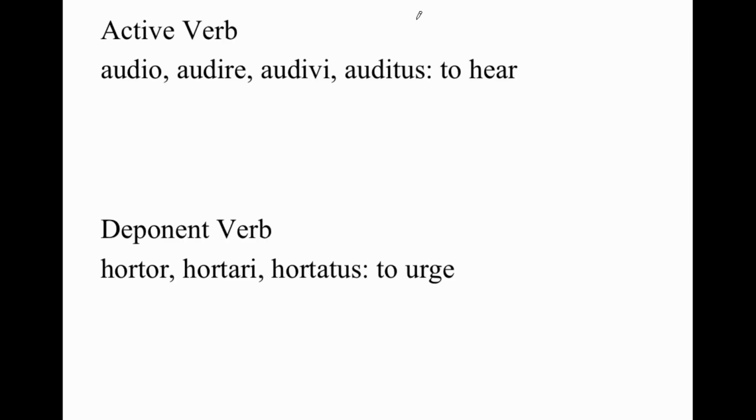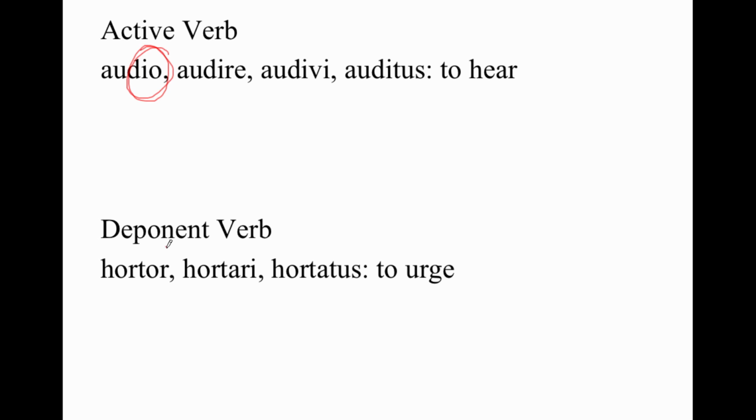get in trouble. Okay, so again, let's make sure this is the most important thing you're going to learn this week. The distinction between an active verb and a deponent verb. Again, there's several things to note. The most important thing, if you have an O, you have an active verb.